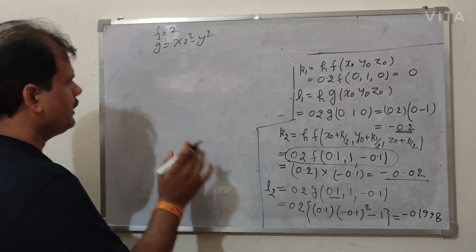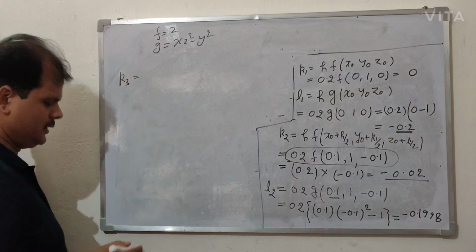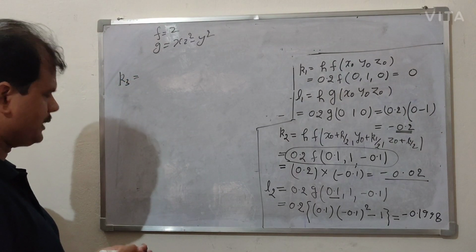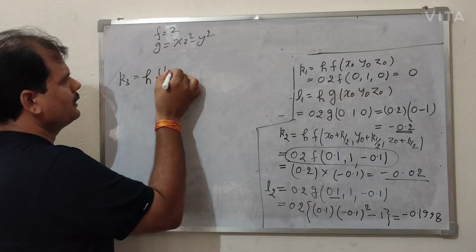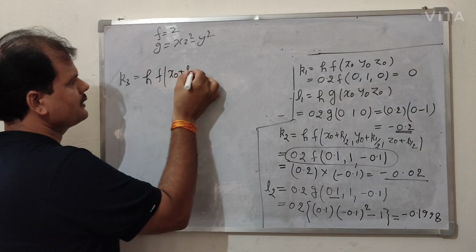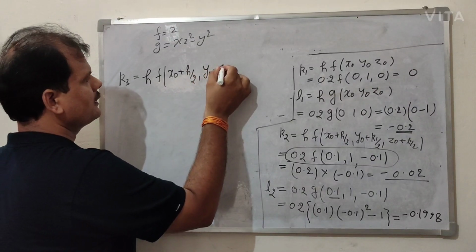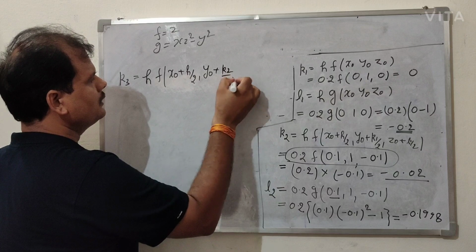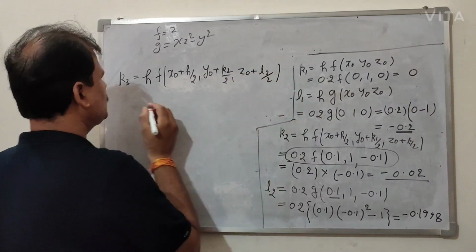Now we'll find the K3. So your K3 formula is h f of x0 plus h by 2, y0 plus k2 by 2, and z0 plus L2 by 2.